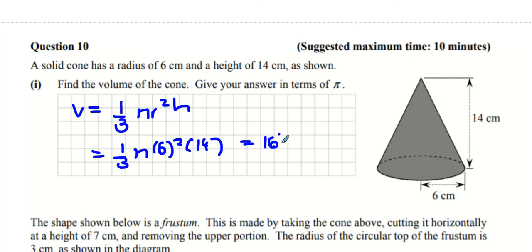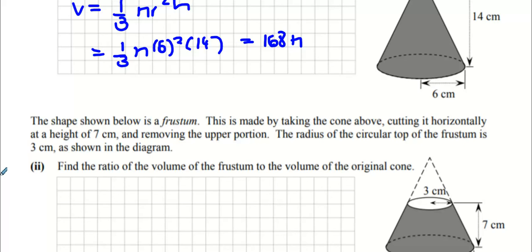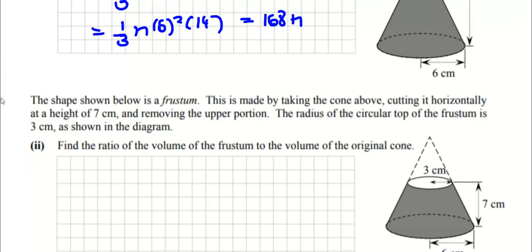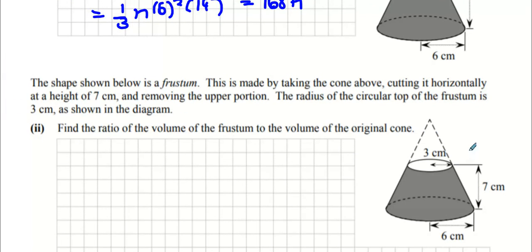Now, the shape below is a frustum, and it's made by taking the cone above and cutting horizontally, removing a height of 7 centimeters. So this is also 7 centimeters.